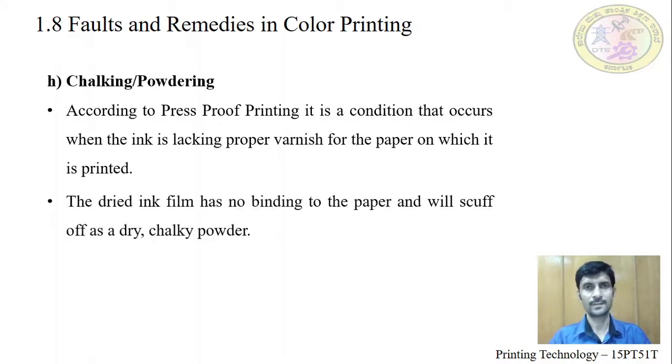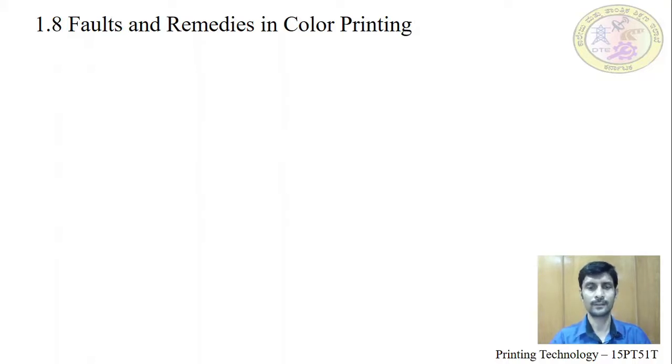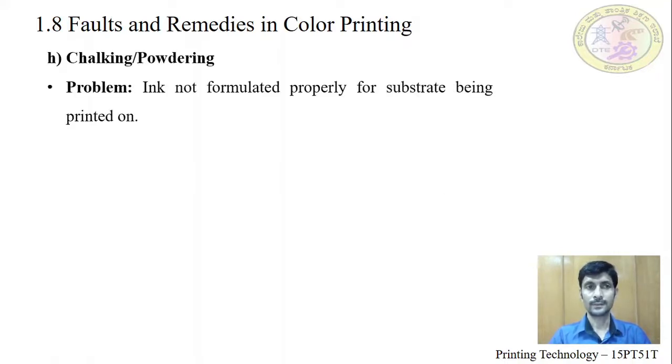To avoid this, note one more problem: the dried ink film has no binding to the paper and will scuff off and dry-chalk into powder. This is also a cause. Normally the ink plays the major role in this problem.